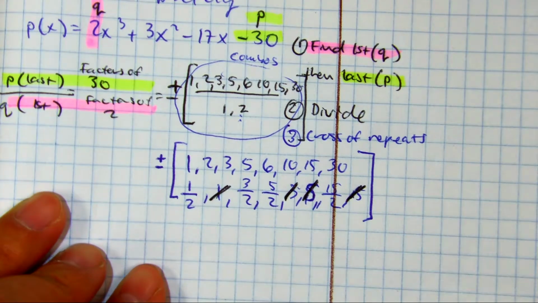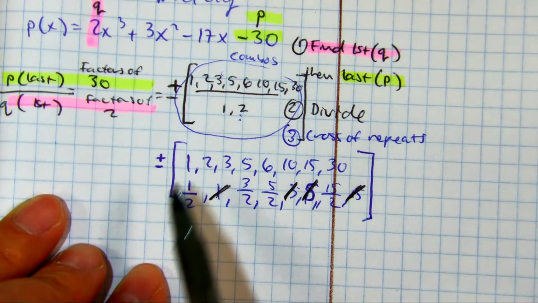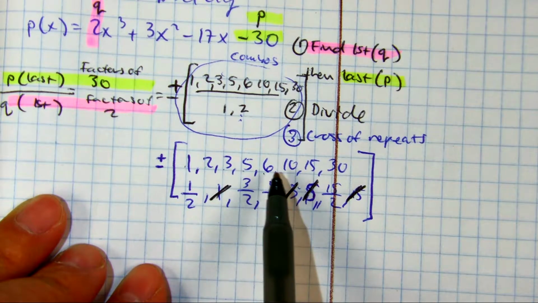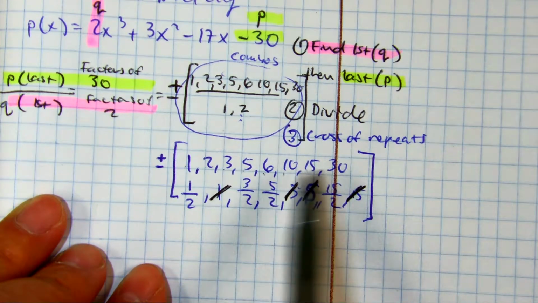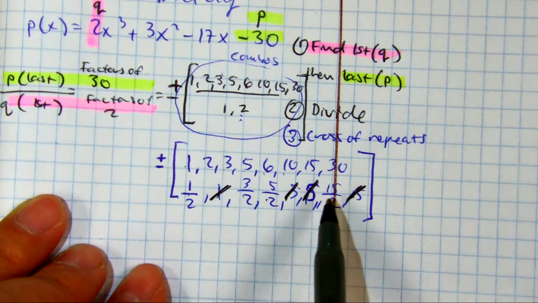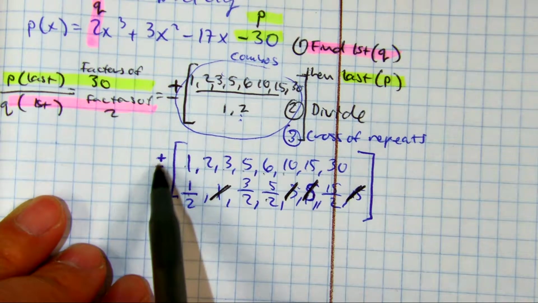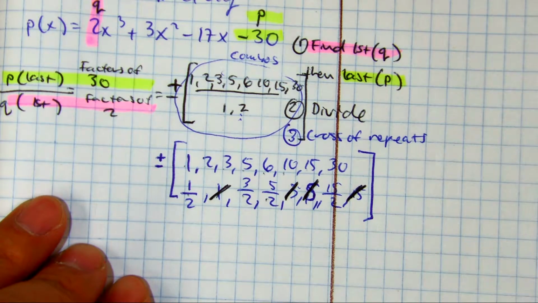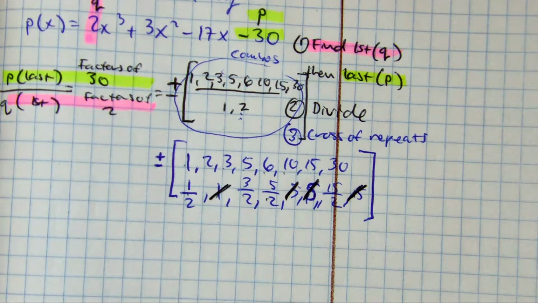Okay, let's count together out loud. Ready, set, go. 1, 2, 3, 4, 5, 6, 7, 8, 9, 10, 11, 12. And there's 2 right here, right? So all of them are going to be positive. All of them are going to be negative. We have 12 positives, 12 negatives. We have 24 numbers to check.